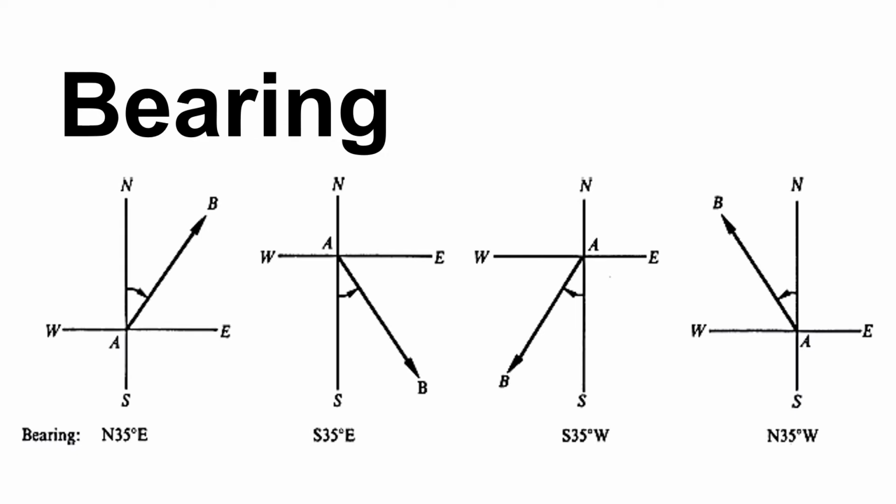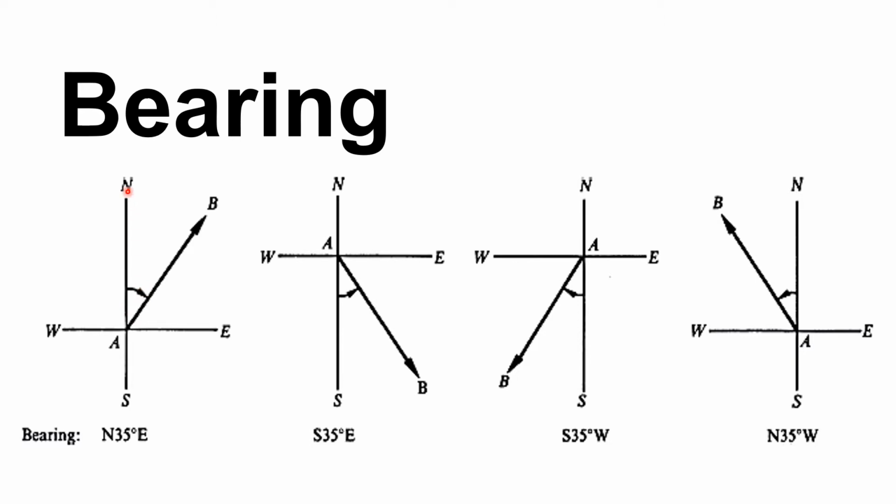Bearing, on the other hand, is defined when you consider point B from point A. So this is point B from point A in a horizontal plane. The angle made by the ray drawn from A through B and the north-south line through A, that's your bearing.